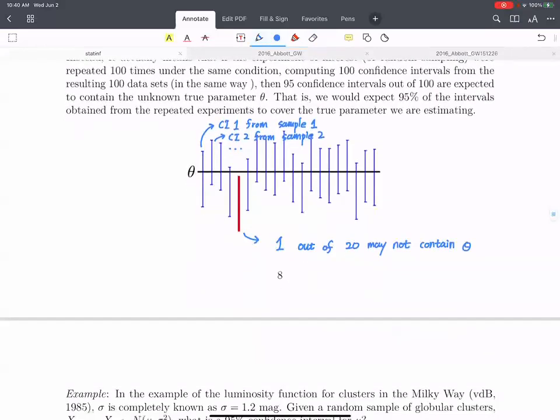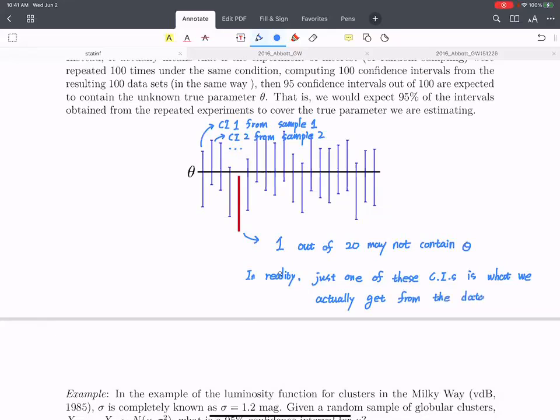So in reality, just one of these intervals is what we actually get from the data.